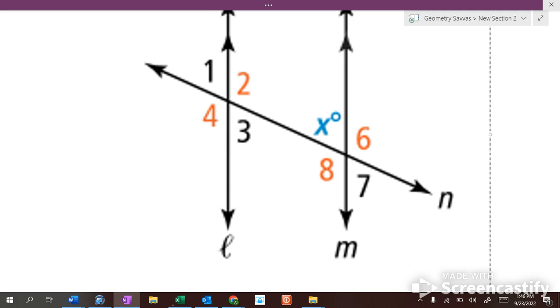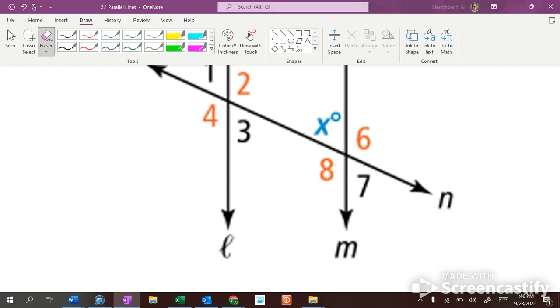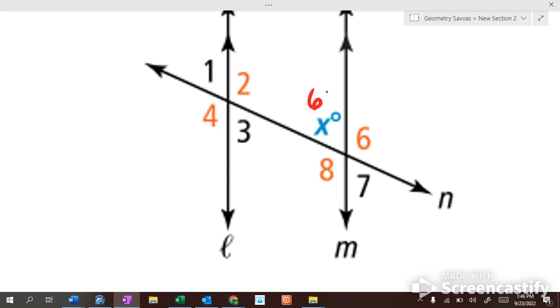So let's say angle X here is 60 degrees. Whoa, now once I zoom way in, my marker gets really fat. So let's go with this. Let's say X is 60 degrees, okay? What would angle 1 be? 60 degrees. What would angle 2 be? 120 degrees, because same side interiors are supplementary. They add up to 180.